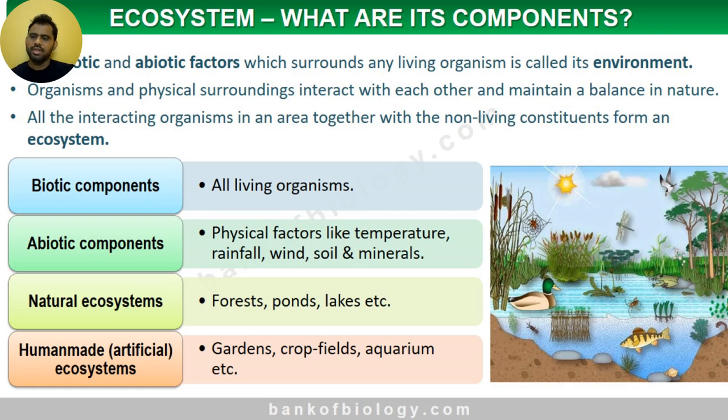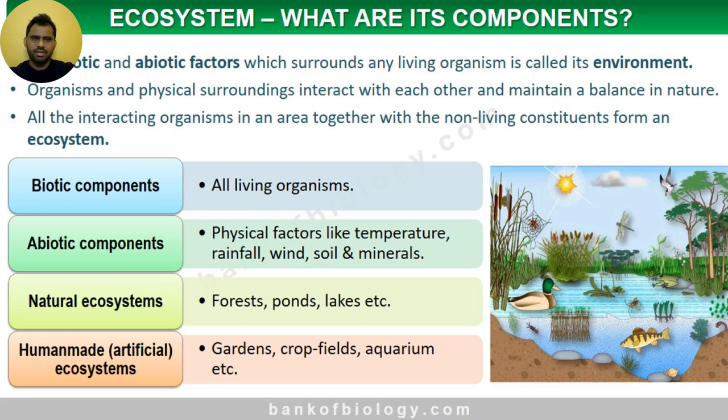These are all the examples of natural ecosystems, something that is present in nature, God gifted or God made, etc. Then we have human made artificial ecosystems, which are made by human beings. They are not naturally present, human beings have made them, like gardens, crop fields, aquarium, etc. So these ecosystems are made by us, the human beings.